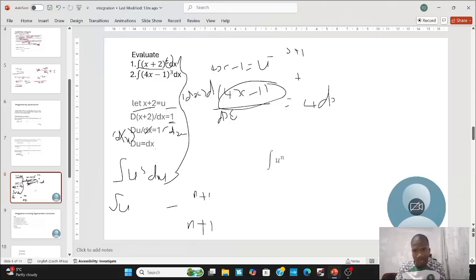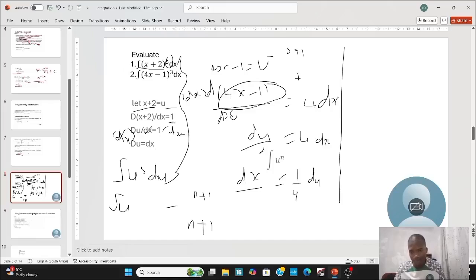Then we get du is equal to 4 dx, right? But we are looking for dx. Then we say dx is equal to 1 over 4 du, right? Then we get that.